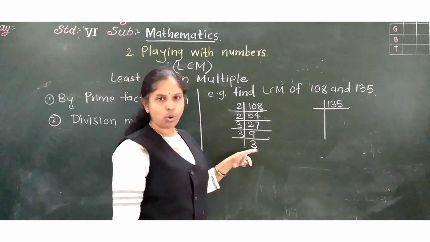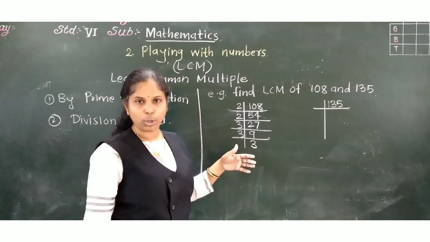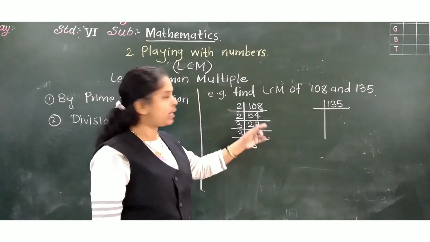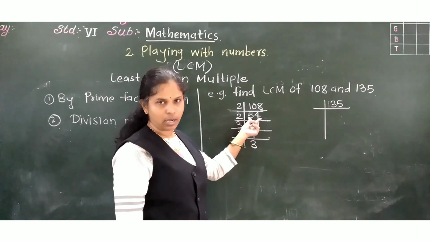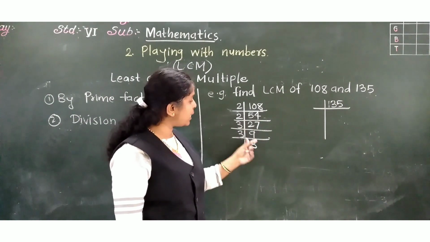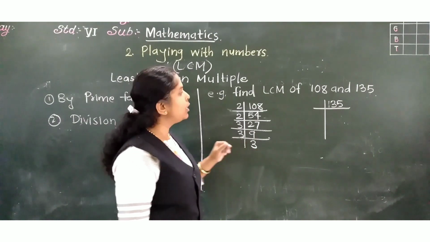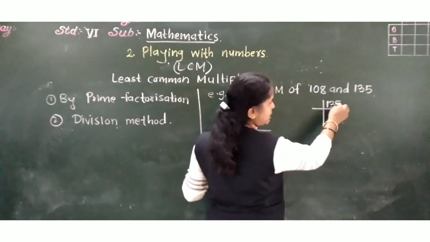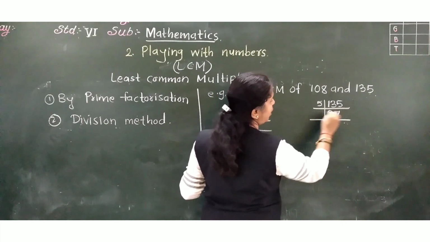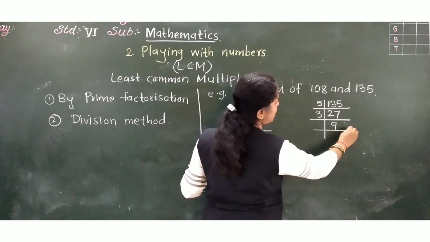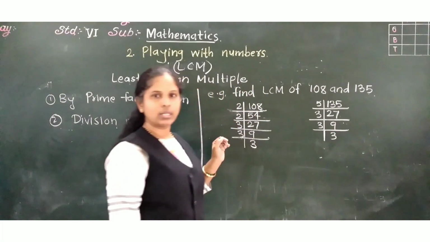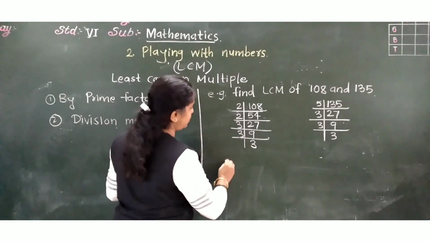If you cannot do oral division, then go for vertical division. No problem. Whatever answer you get, go on dividing it until you get a prime number. Now here, as 5 is there, I will divide it by 5. 5 2s are 10, 5 7s are 35, 3 9s are 27, 3 3s are 9. Got?